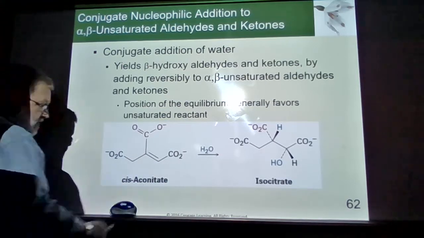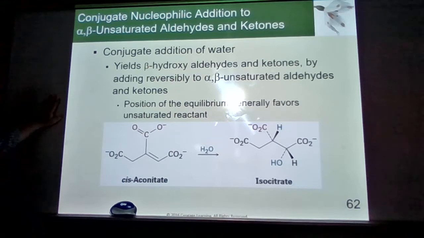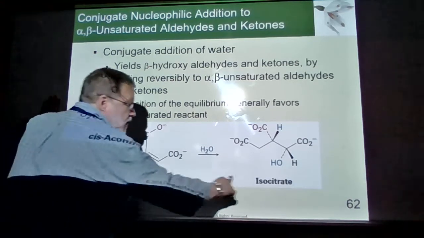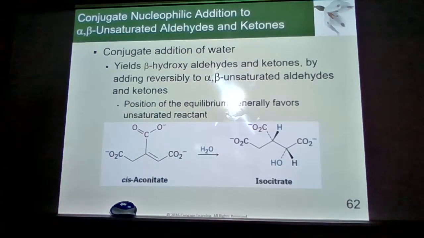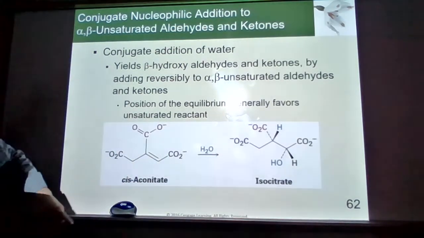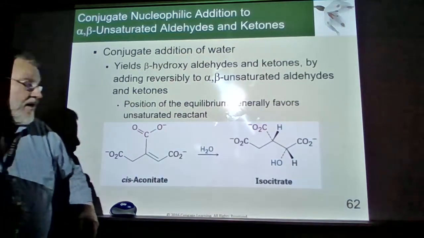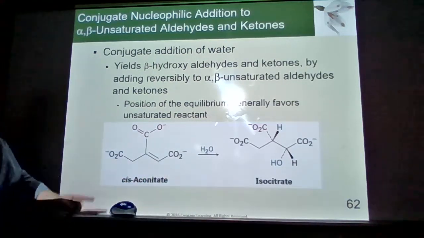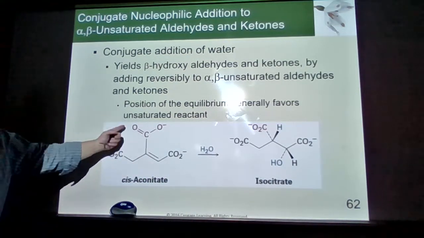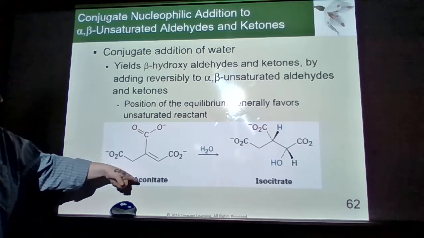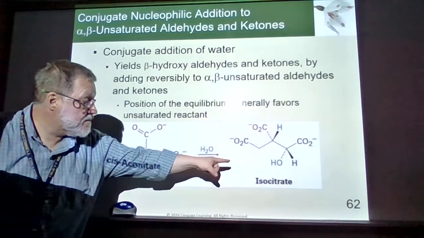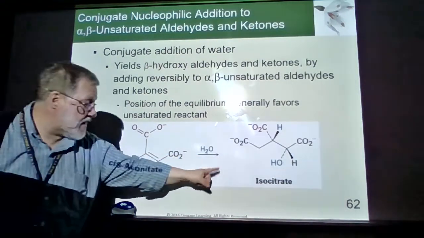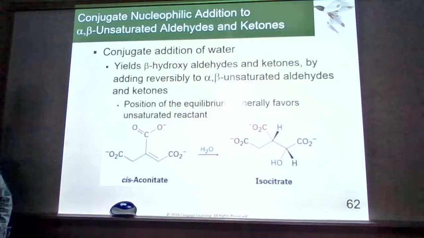So here we start with cis aconitate, but with the addition of the OH, it gets to isocitrate. This is a very common intermediate in biosynthetic pathways. It's a way that the OH group can be added in, and then the C double bond O kicks back down, displaces the water, or the OH minus, in biological pathways.